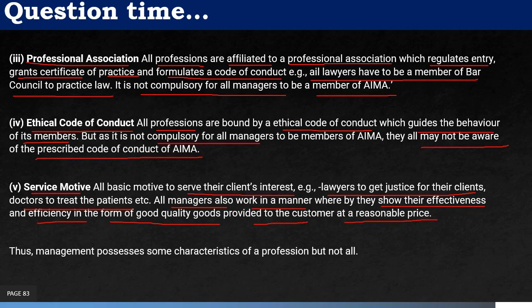Whereas in management, they don't have a service motive. Most of the organizations have profit as their motive. Thus, management possesses some characteristics of a profession, but not all. So we cannot say that management is a profession.